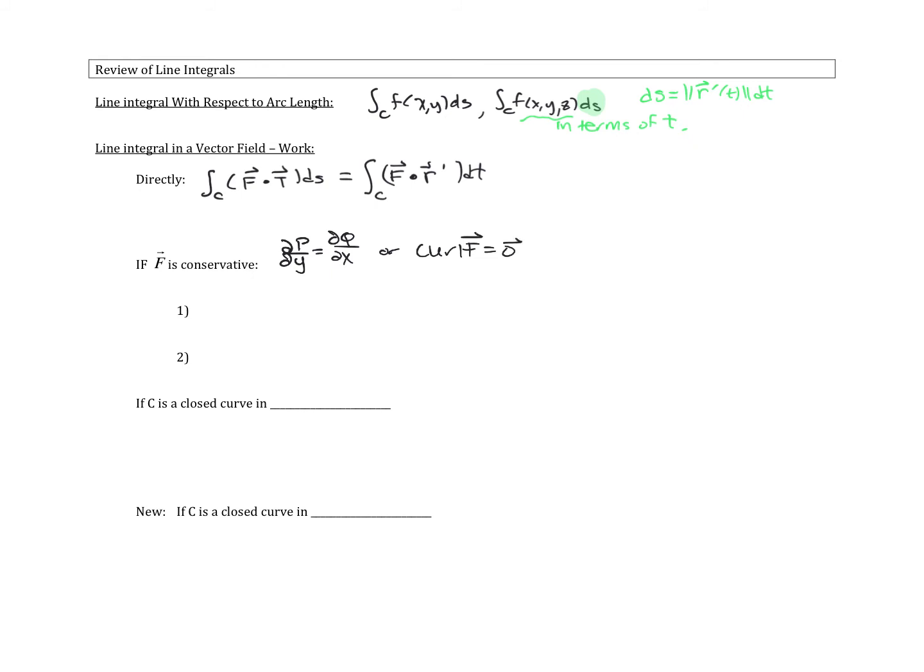So if f is conservative, that gave us options. We could use the fundamental theorem, which would require us finding the potential function, f, and then just taking f of the endpoint minus f of the start point. The other option we have, if f is conservative, is we can choose a simpler path.